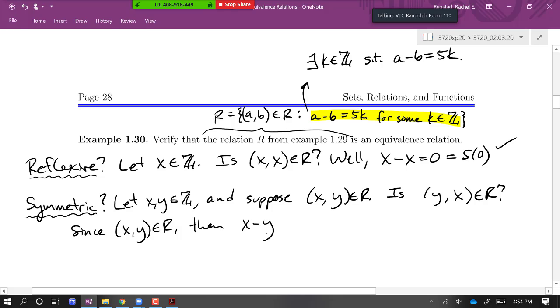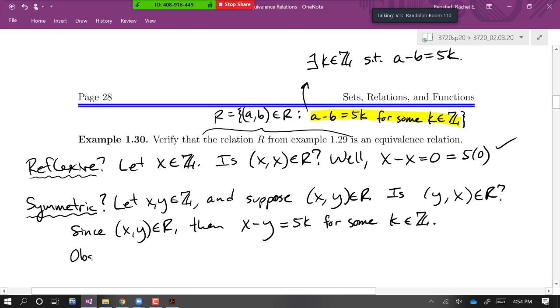So x minus y is equal to 5k for some k in Z. If I want to know if y is related to x, what is it that I need to check? If y minus x is a multiple of 5.